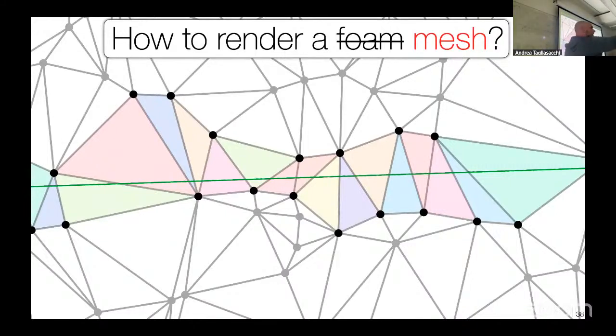And by the way, because it's injective, there is one and only one order. By walking along these paths, I can now compute the color associated with this particular ray. Now you might say, okay, but this is a triangular mesh, that's not what you have. I have a bunch of Voronoi cells. So what do you do?